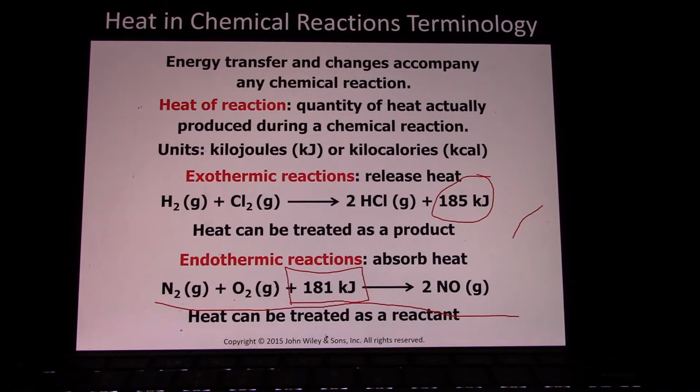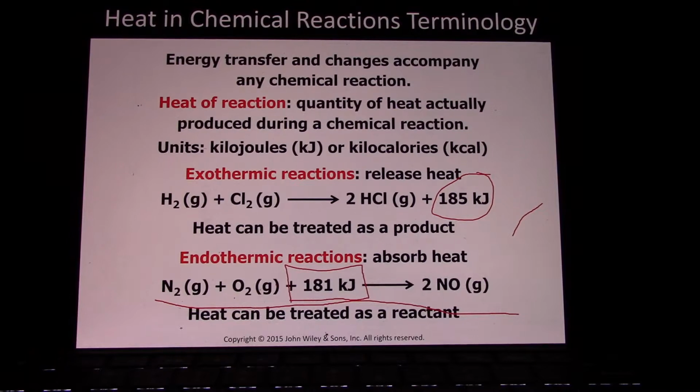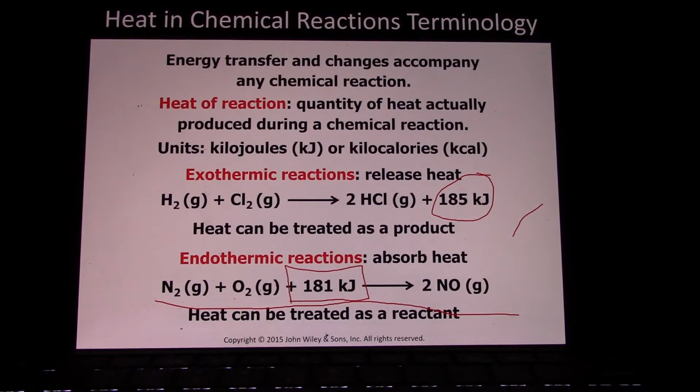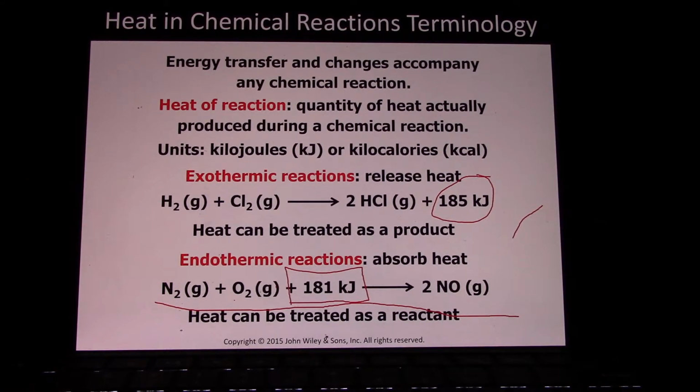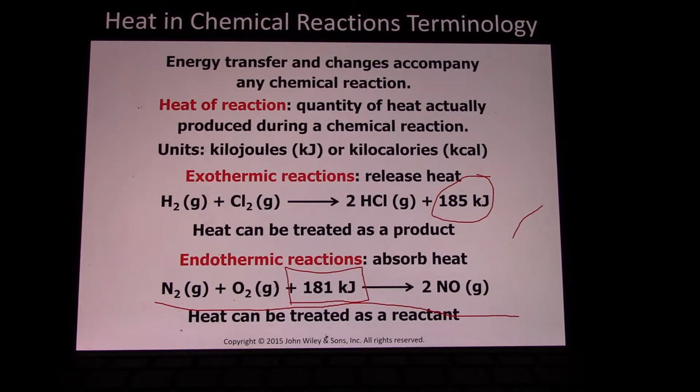So if a surface gets hot enough, these two will react and form the nitric oxides, which can then contribute a little bit to acid rain, because they can combine with water to form nitric acids. And again, that has nothing to do with the fuel you're using in your vehicle. It just has to do with the fact that if the engine gets hot, the nitrogen and the oxygen that's naturally in the atmosphere can react to form nitric oxides.